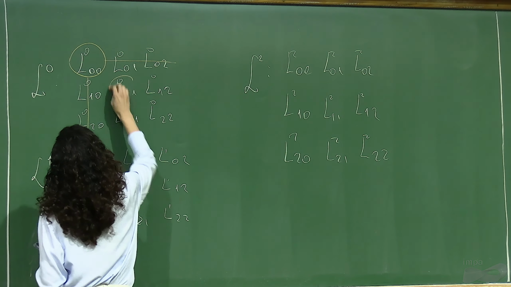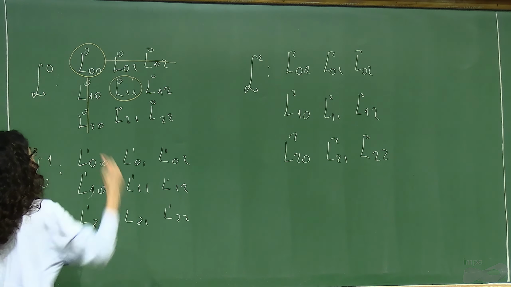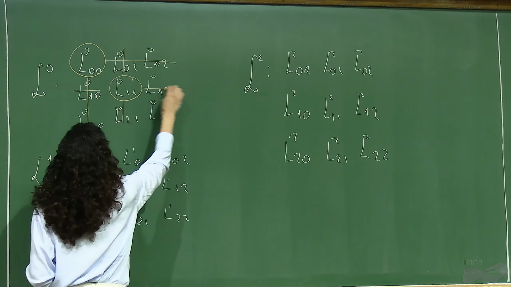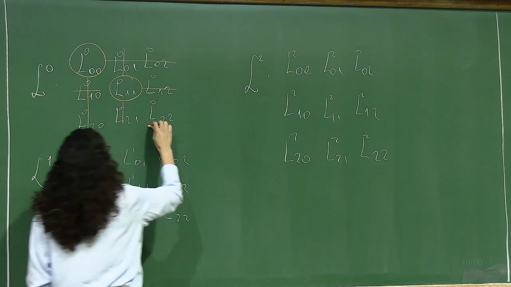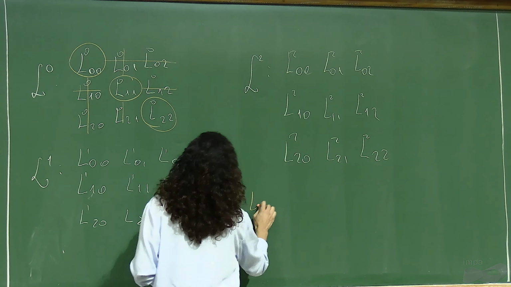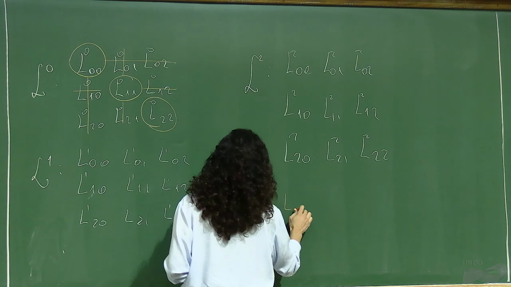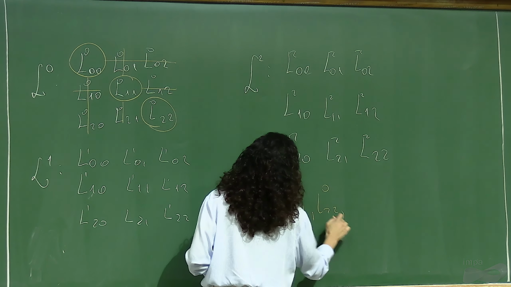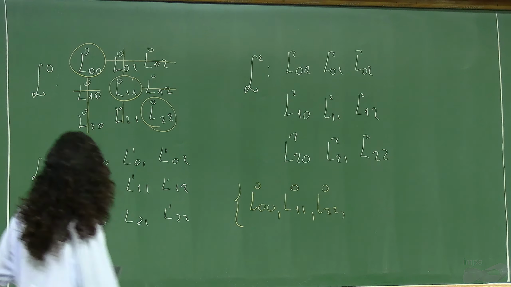So let's choose this one. Again, the propositions say you can choose here, you can choose here, and the left one is this. So until now, we have L00, L11, L22 on the first stratum.